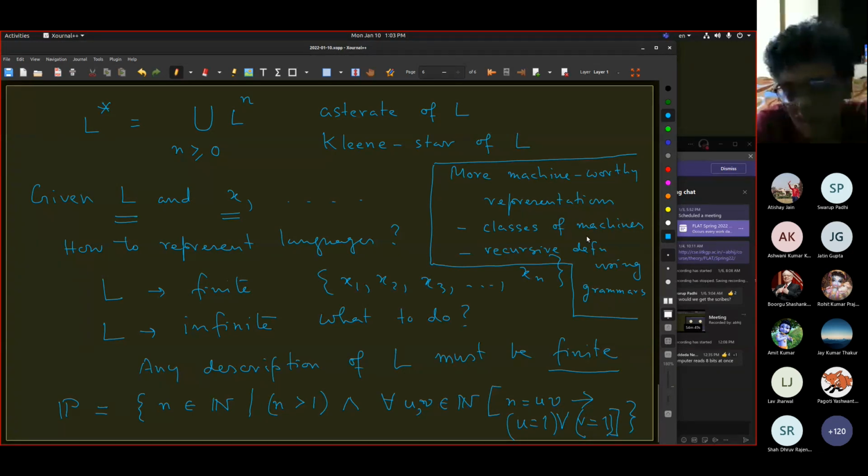Sir, if there is a finite language, we can always concatenate the strings for infinity. Let's say we have a finite language and there are n members. So we can concatenate those n members for infinity so that we can get an infinite length of string. That's possible. For example, look at this.